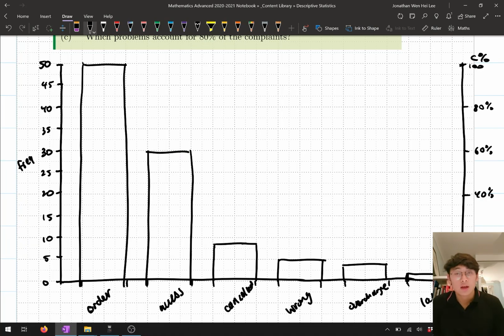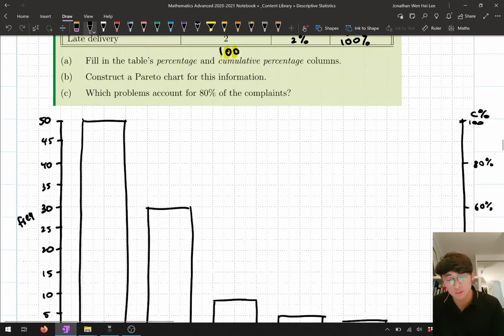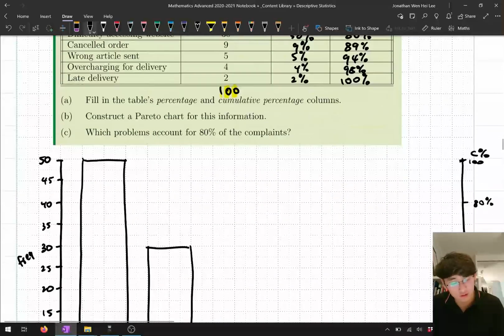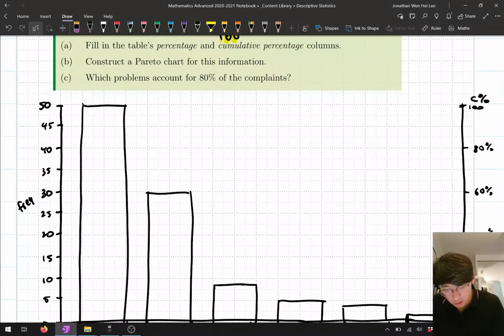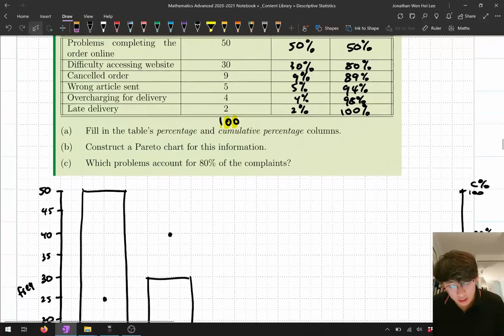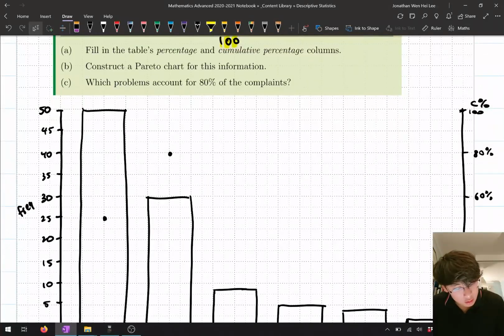Next thing is we want to also include the cumulative percentage. Here I'm just going to draw a dot in the middle of each of my columns for the percentage. What we found was that this first one was 50%, so 50% is over here. Next one was a cumulative of 80%, so 80% over here. Next one was 89%, which is roughly about here.